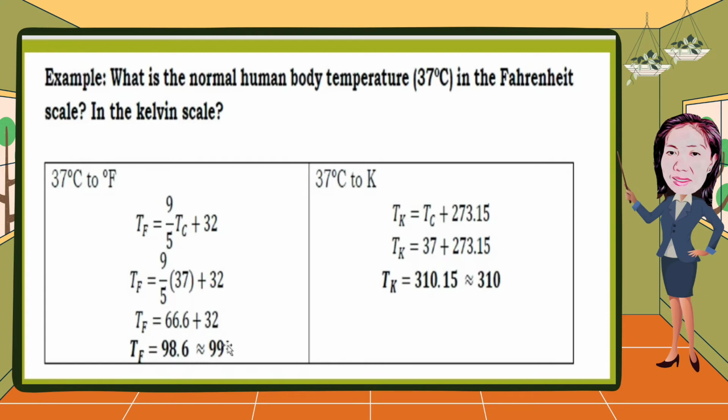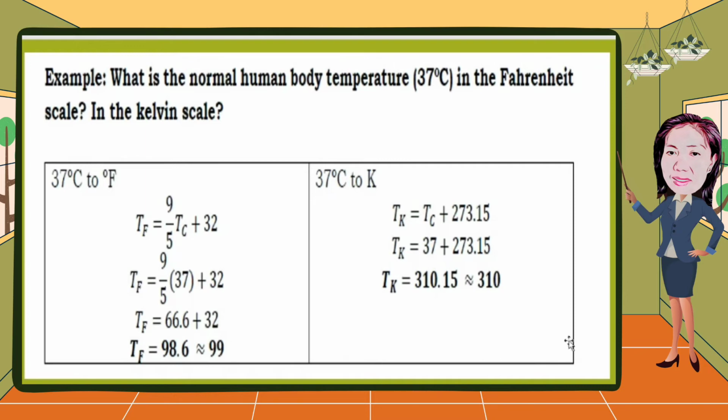Same thing with the number one answer. There should be a unit. Because pag walang unit, meaning hindi yan ang correct answer. There should be a correct unit. Okay, so 99 degrees Fahrenheit. And second answer is 310 Kelvin.